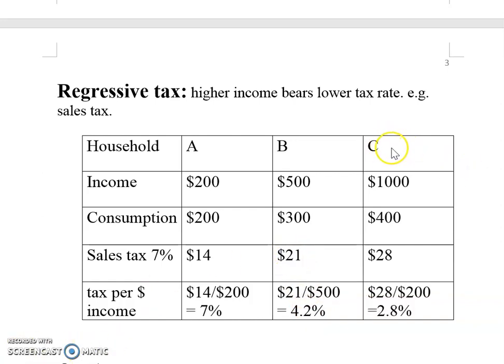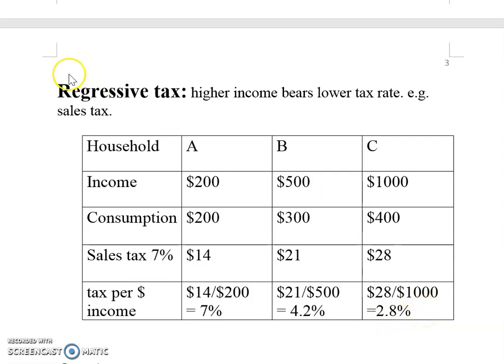How about C? C pays $28 sales tax, but his income is 1,000. So 28 out of 1,000 equals 2.8%.